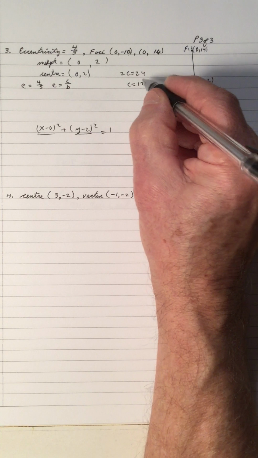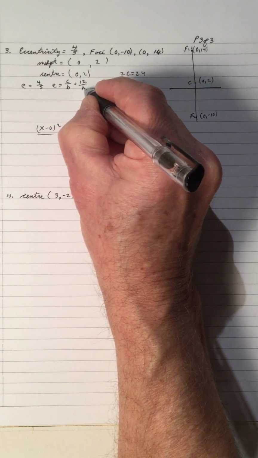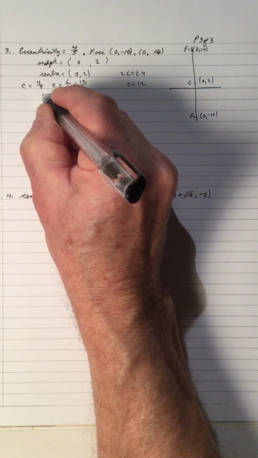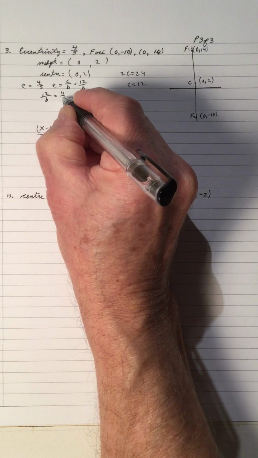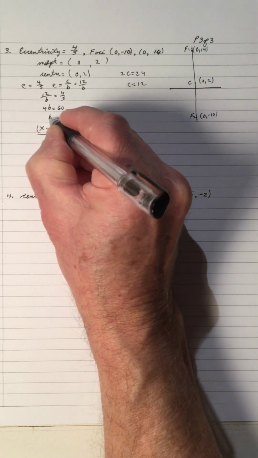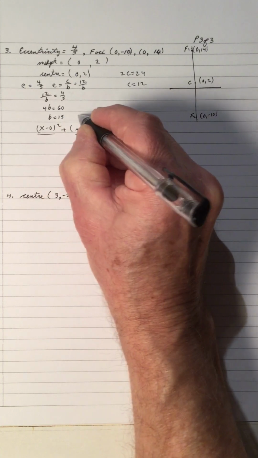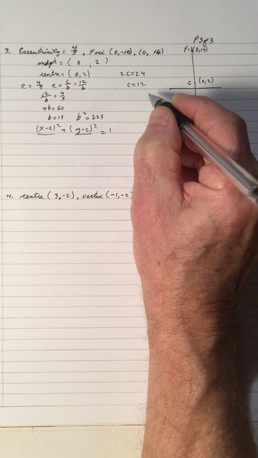So 12 over b is equal to 4 over 5. So 4b is 60, so b is 15, and b squared is 225.